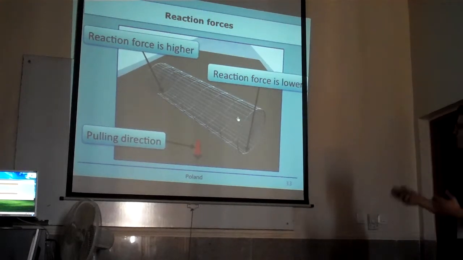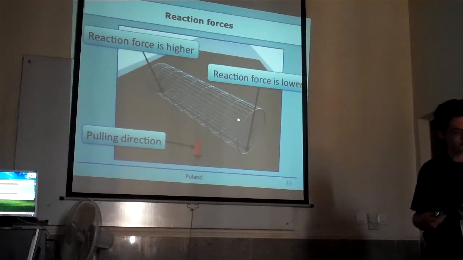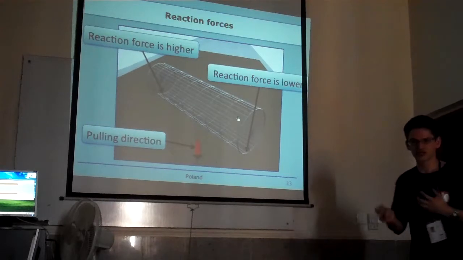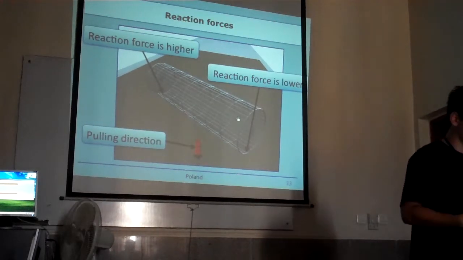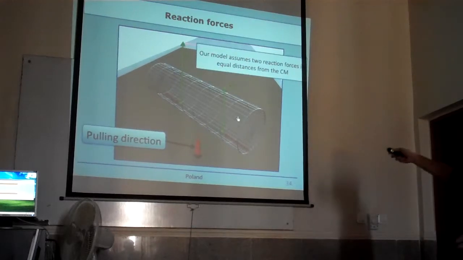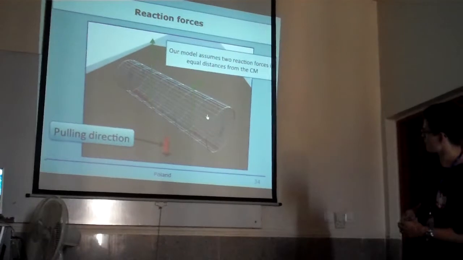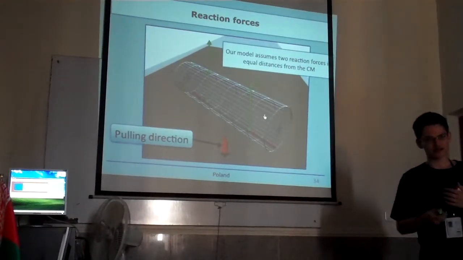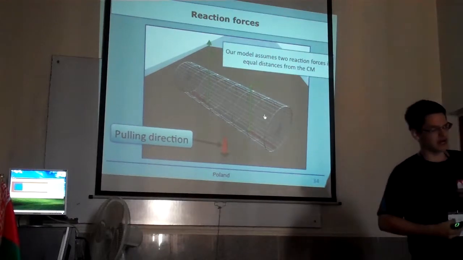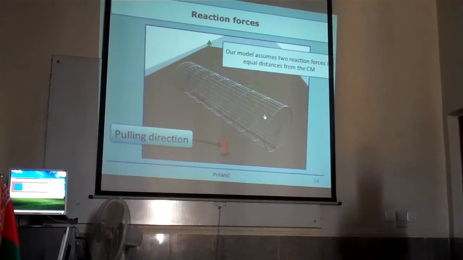It is quite complicated to find the full distribution of reaction force. We will assume that there are two reaction forces placed evenly from the center of mass. We can calculate those forces using only rigid body dynamics, and we don't need a full theory of elasticity.